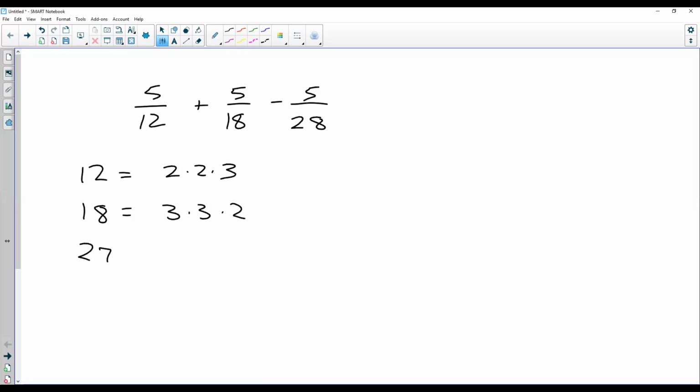All right, now how does this factor? 2 times 2 times 7. So your least common denominator equals, what is it?